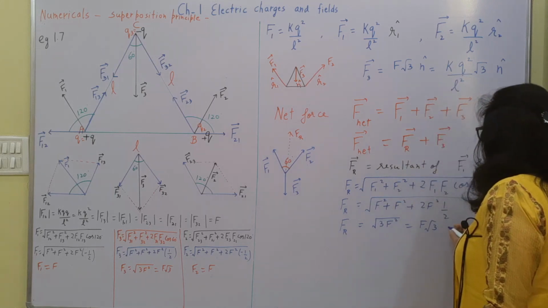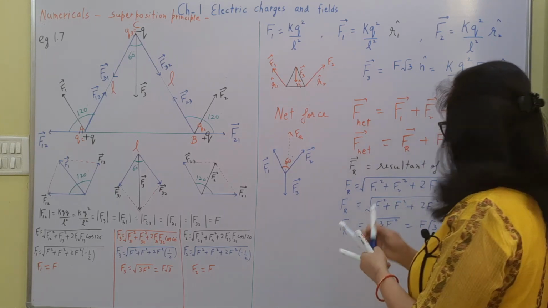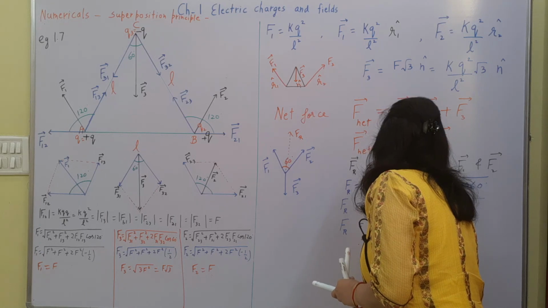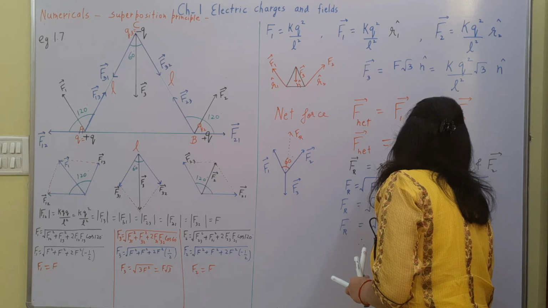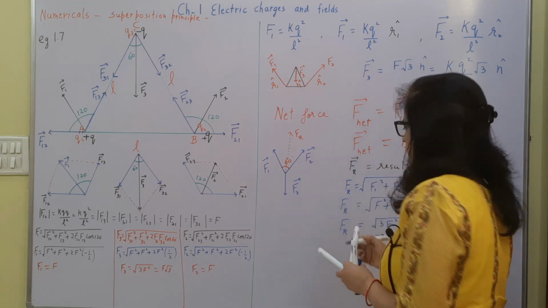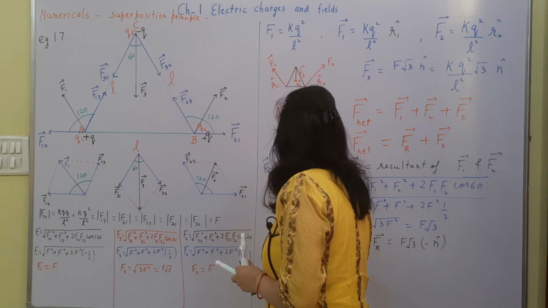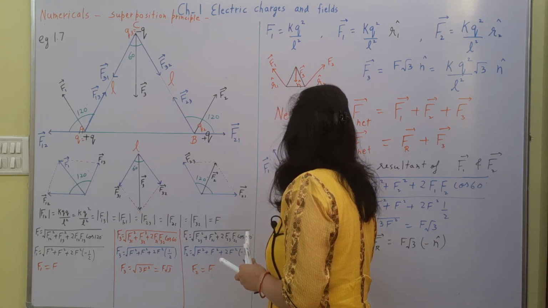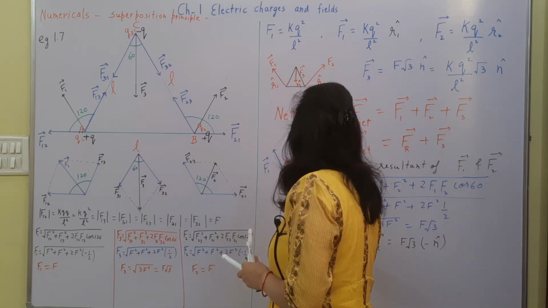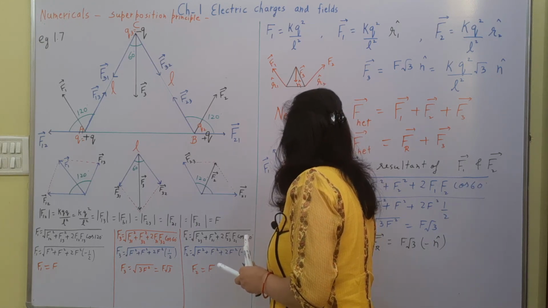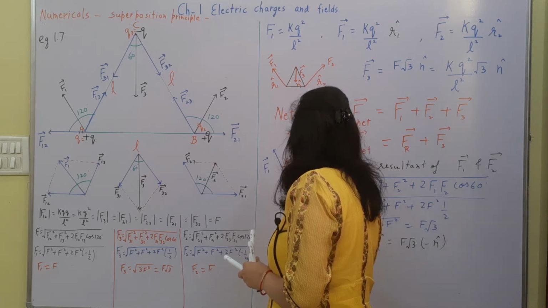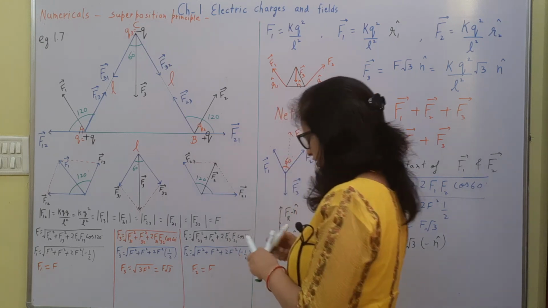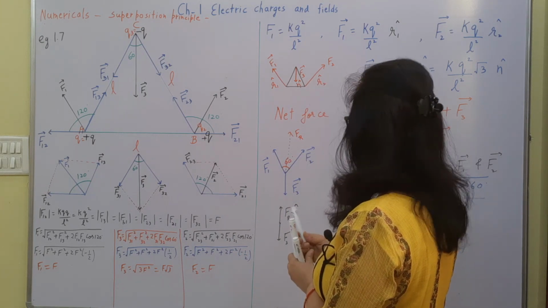So this gives me Fr vector is equal to F root 3 into minus n cap, because this is in opposite direction. So I can mark here that this is Fr vector which is along minus n cap direction, and this was F3 vector which is along n cap direction, and we know their magnitudes are same.